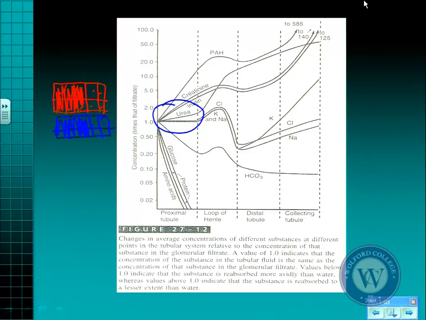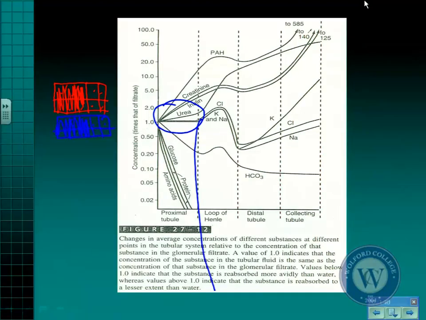So now this person at this point is down to 4 boxes of water and 4 boxes of sodium. So the concentration itself does not appear to change.